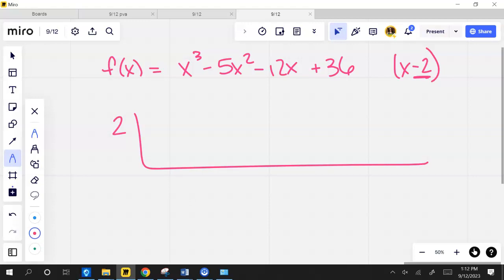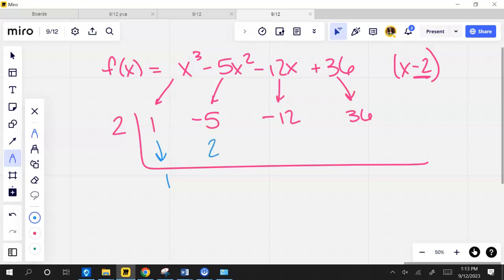What goes inside here? 1, negative 5, negative 12. In fact, it's all these coefficients, right? Now be very careful because, again, if I need a placeholder, I need to make sure I throw it in here. Now the process of division comes, a lot easier than the other. Drop the first term. What now?